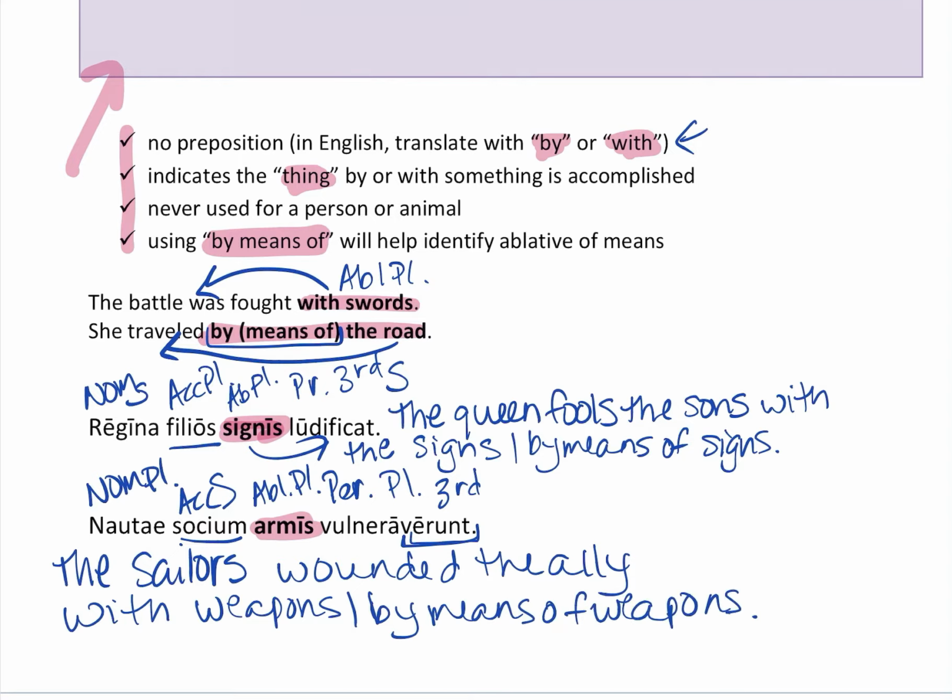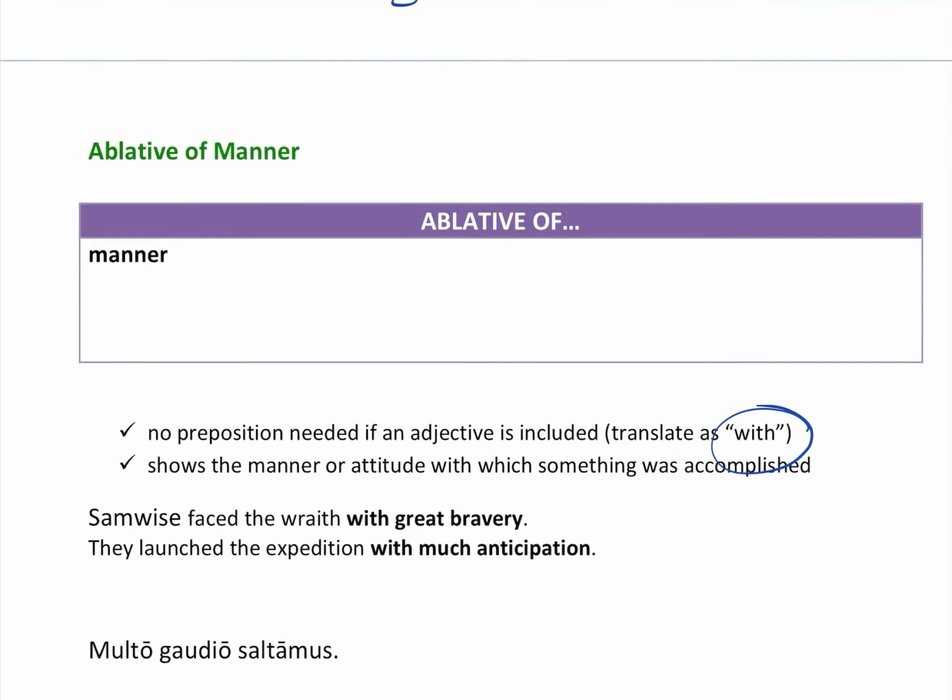In this case, just doing the word by doesn't make as much sense. The sailors wounded the ally by weapons. That doesn't make as much sense, but by means of certainly does, and with does as well. That is ablative of means. Make sure that you've transferred all of this up to your chart so you have it for later. And then when you're done, pause and go on.